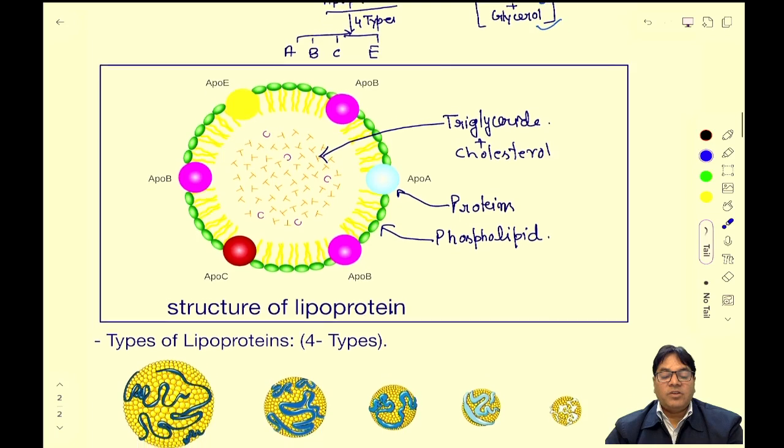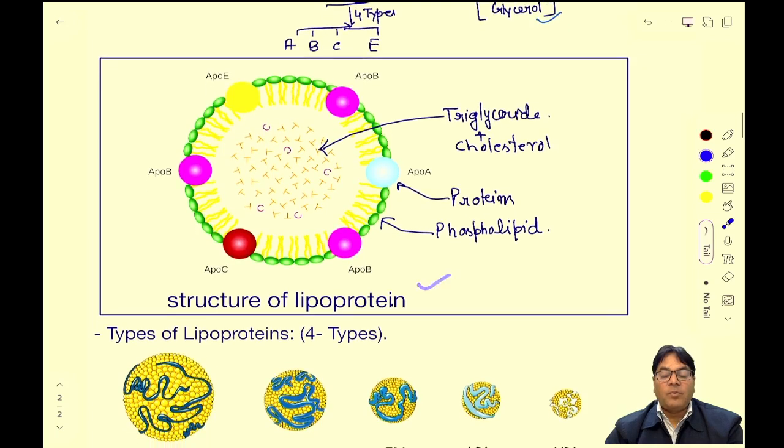If we see the structure of this lipoprotein, a common lipoprotein, which can be any type, it has got two parts: the central core as well as the peripheral covering. The central core consists of triglycerides and cholesterol, while the peripheral covering of this lipoprotein consists of proteins and phospholipids.